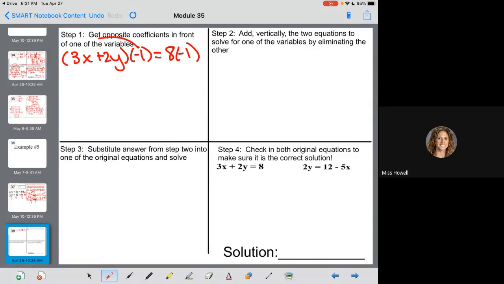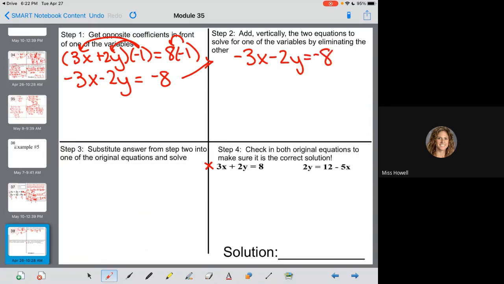Distribute over here. We'll have negative 3x minus 2y equals negative 8 when we multiply. So that's taking the place of this first equation: negative 3x minus 2y equals negative 8.